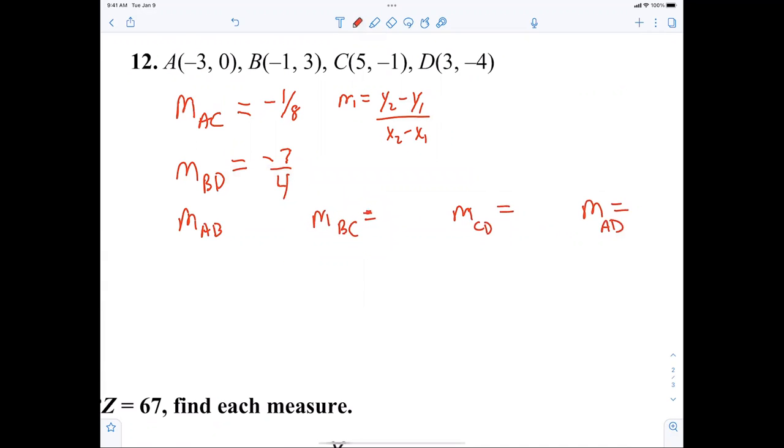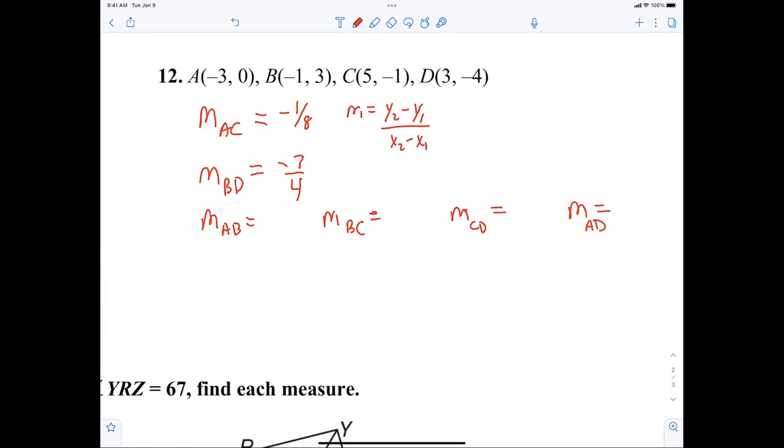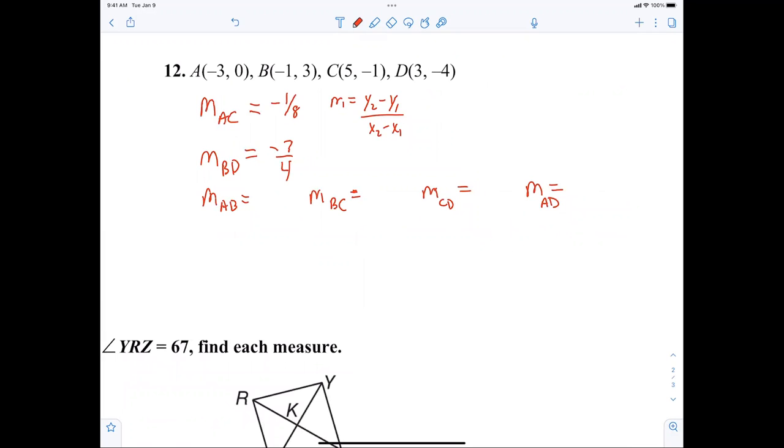So come on, somebody find the slope of AB, somebody find the slope of BC, somebody find the slope of CD, and somebody find the slope of AD. What's the slope of AB? 3/2. Anybody agree with 3/2? Yes.